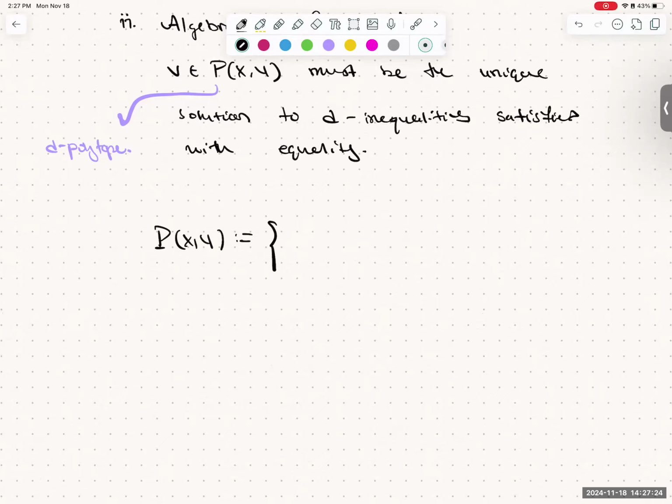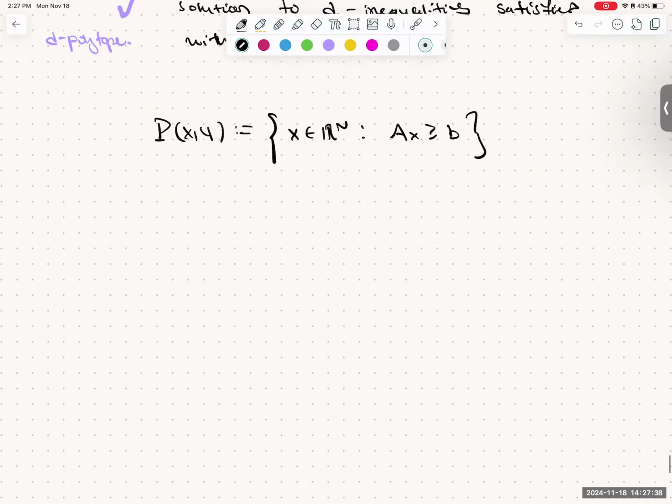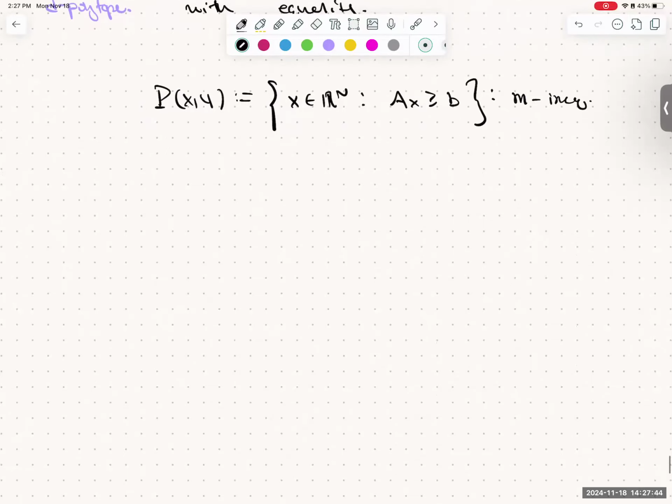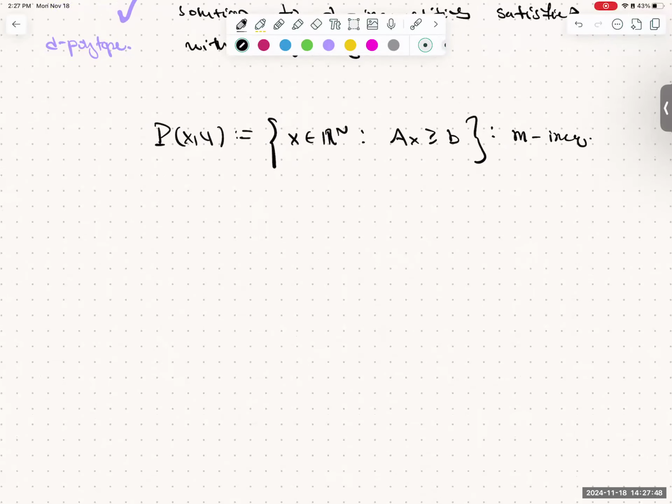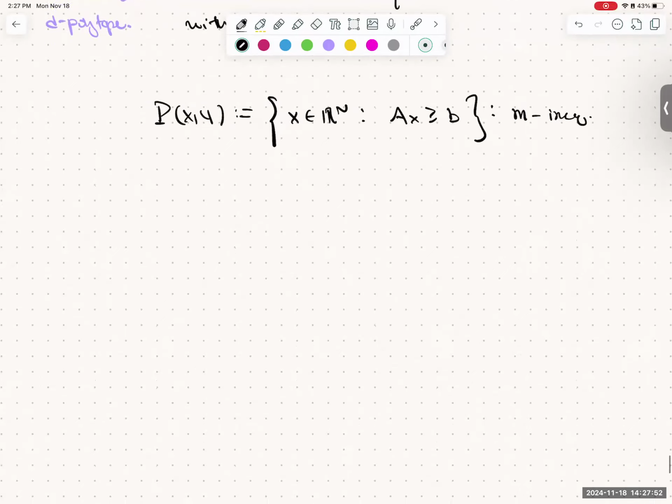Okay, so if I have something like this, R^n, and then I have a set of inequalities like this. I want to say that I have m inequalities. I want to define, so I'm just trying to be a little bit more specific about what I mean by having a vertex.